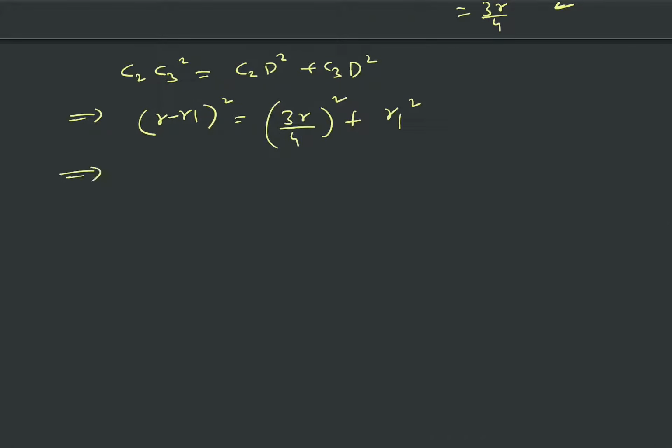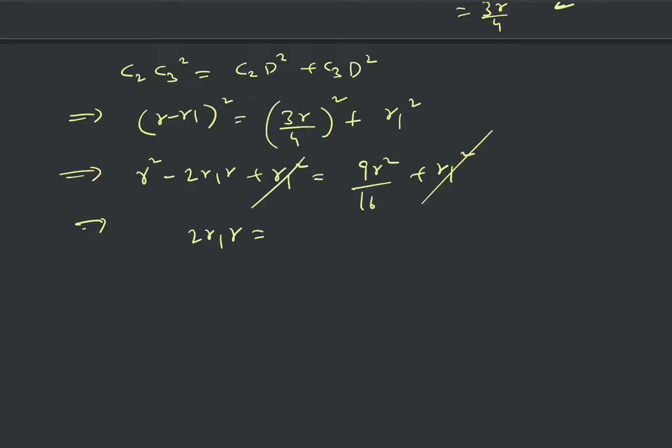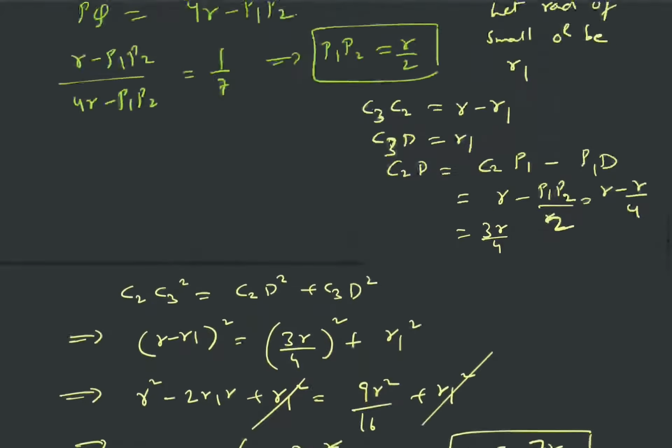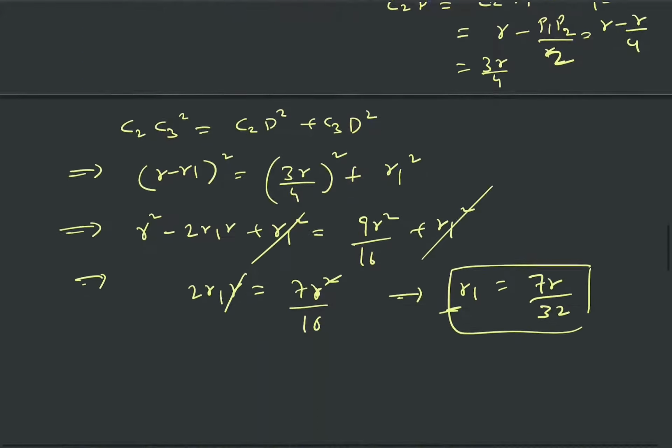So let us just square it. r square minus 2r1r plus r1 square is equals to 9r square by 16 plus r1 square. So r1 square gets cancelled. So 2r1r is nothing but 7r square over 16, right? So then r1 is nothing but 7r by 13. So this is the radius of smaller circle in terms of r. So just pause the video and you copy the solution, and then we'll move on to next problem.